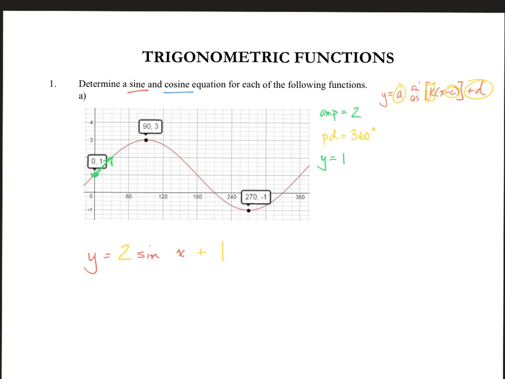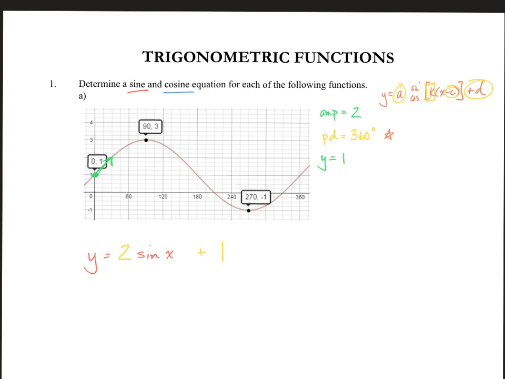And since my normal sine curve has a period of 360 degrees and this sine curve has a period of 360 degrees, we should know that there has been no horizontal stretch. The period didn't change, and therefore your k value would be 1. Now, since it's 1, you wouldn't write a 1 in there. You would simply write sine x, and we're good.